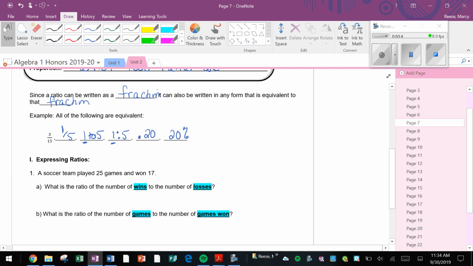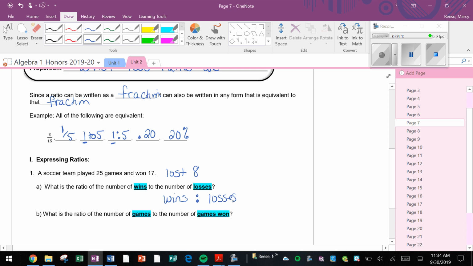A soccer team played 25 games and won 17. So, if they won 17, that means they lost 8, right? Because they played 25 games. 25 minus 17 is 8. What is the ratio of the number of wins to the number of losses? So order is important. You start with wins, right? And you write it to losses because that's how they want it.